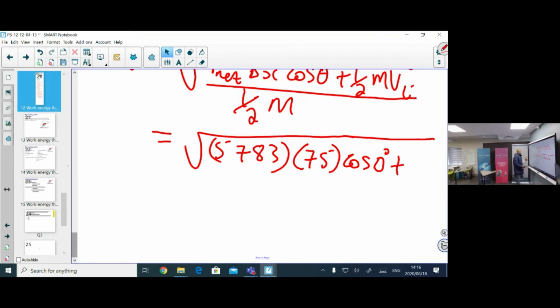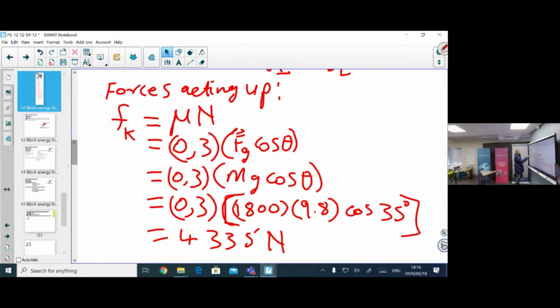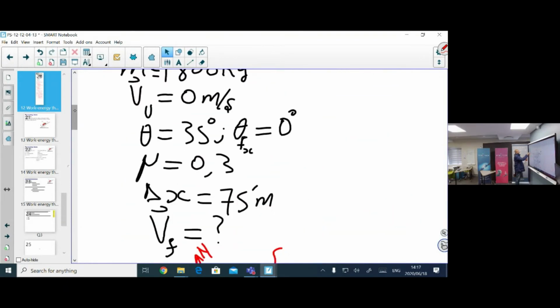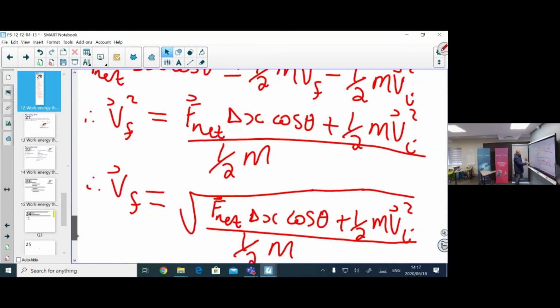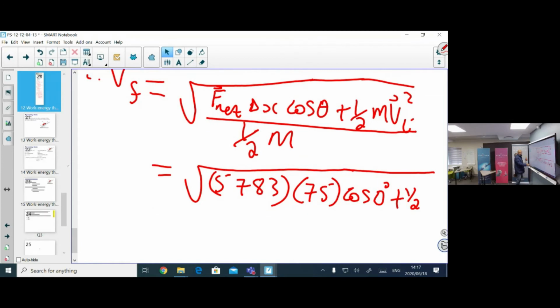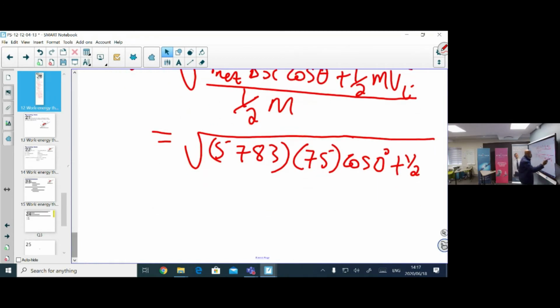half the mass. We have to check the mass that is given. It's 1,800, multiplied by the initial velocity.